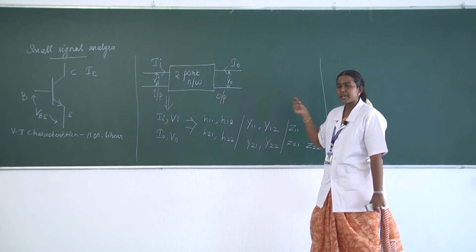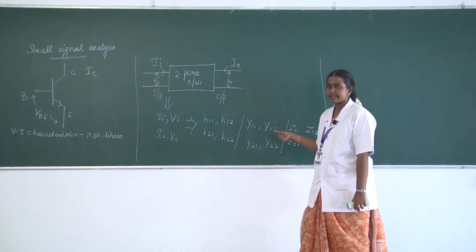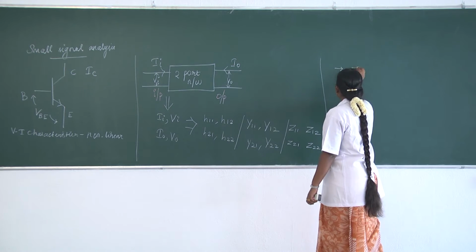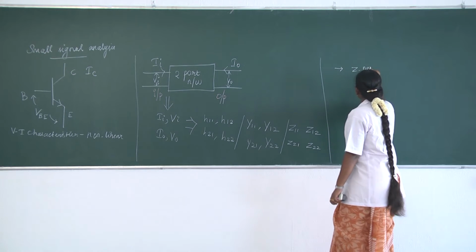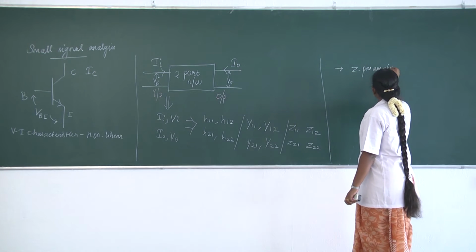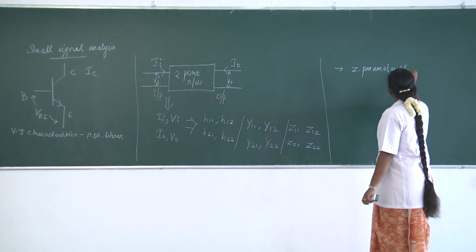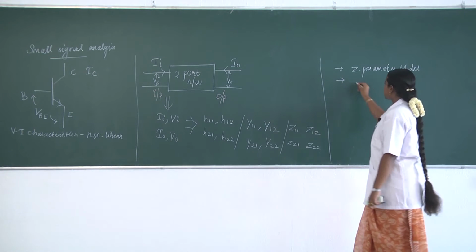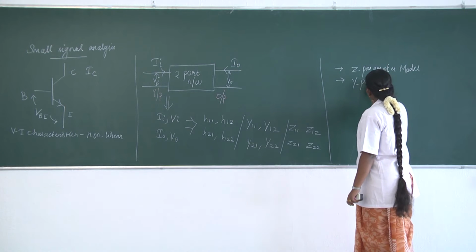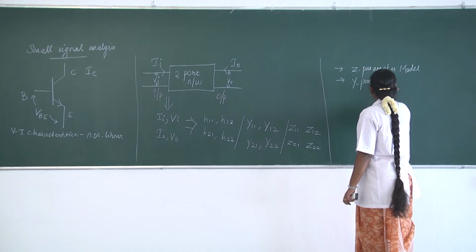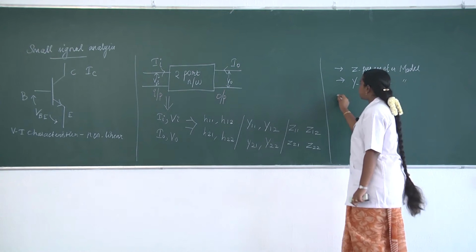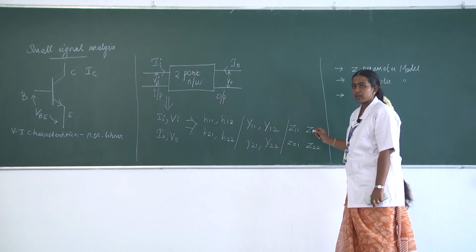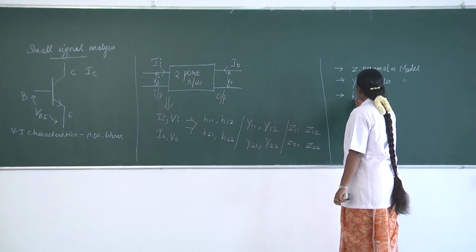So we have three parameter models in order to analyze a transistor. The first one available is the Z parameter model. The second model that is available is the Y parameter model. And the third one that is available is called the H parameter model.